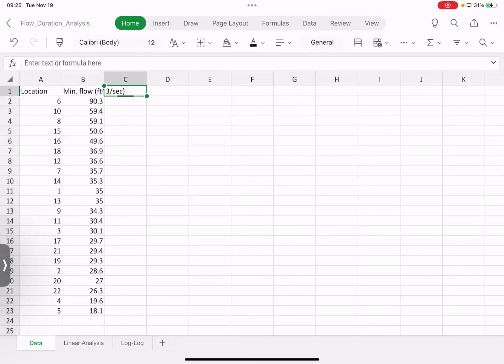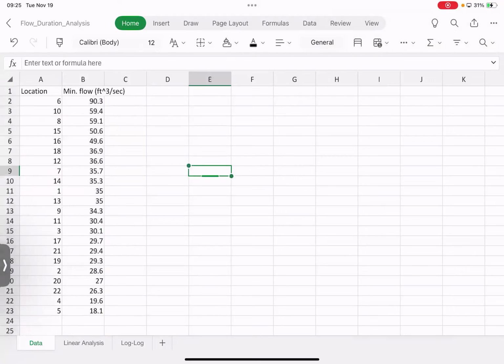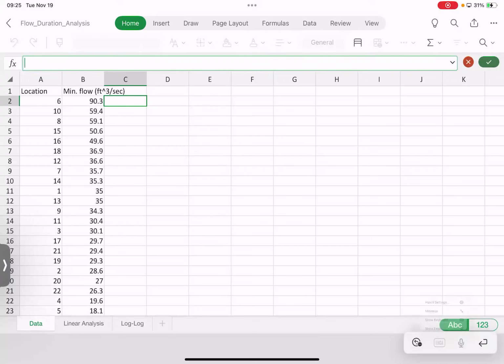And so now what you're going to do is assign it some rank. How do I type on here? I can't seem to type on here. There we go.